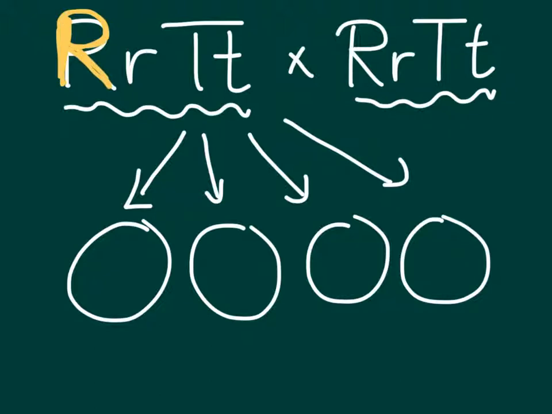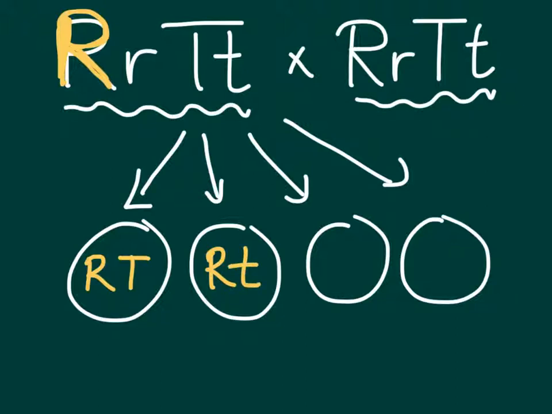First thing it could be is a capital R, right? Now it's going to pair with an allele from the second trait. So what are my 2 choices for the second trait? Capital T or lowercase t. So the first one, it's going to pair with a capital T. Capital R could also pair with a lowercase t.